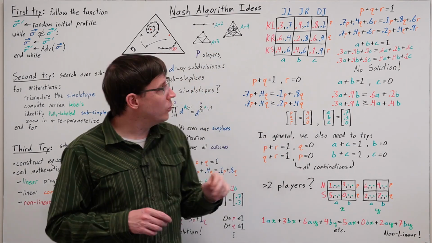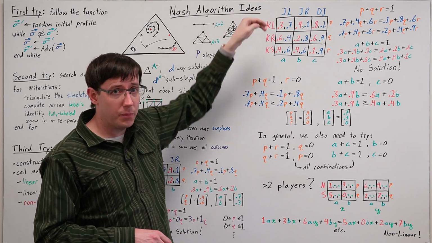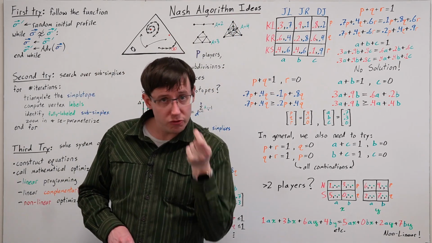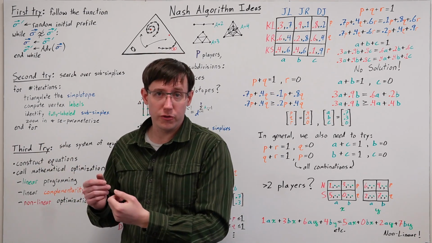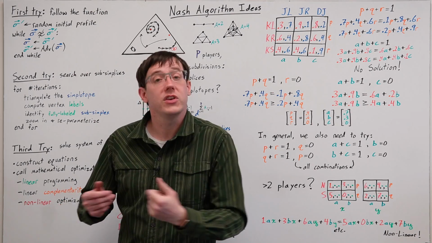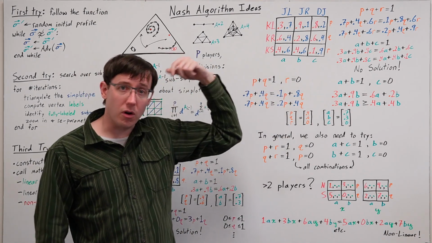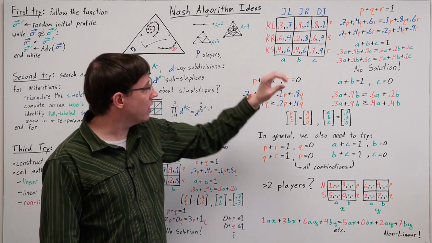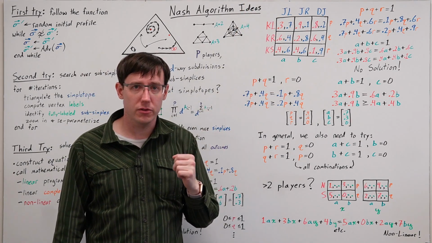And we can also rule out the subsets where they play only one action, because that would be a pure strategy equilibrium. And we know that it's much easier to search for pure strategy equilibria separately. So, in this case, we would search over all possible combinations of 2 or 3 strategies for the players.